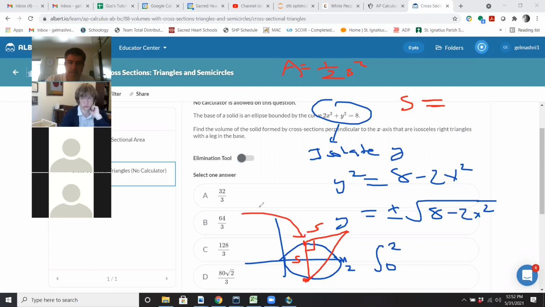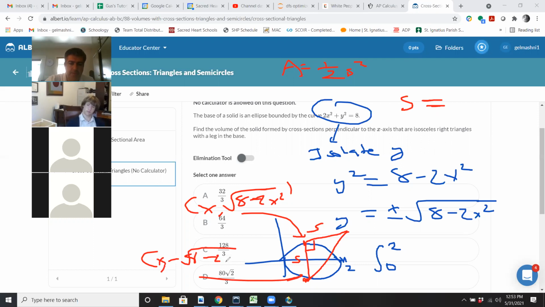So you could call this x comma root 8 minus 2x squared, and this would be x comma negative root 8 minus 2x squared. So then it would be twice that.